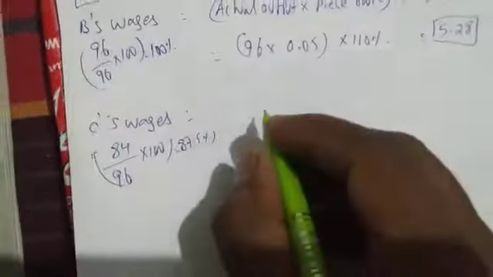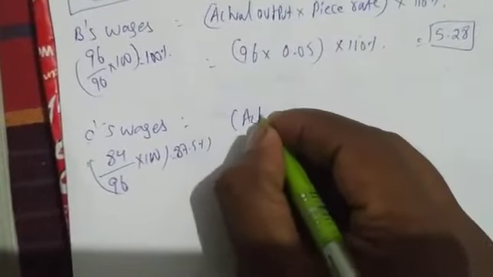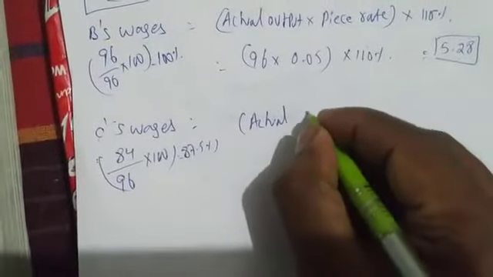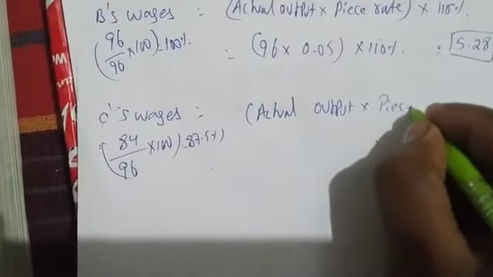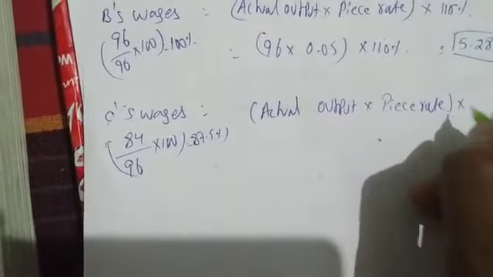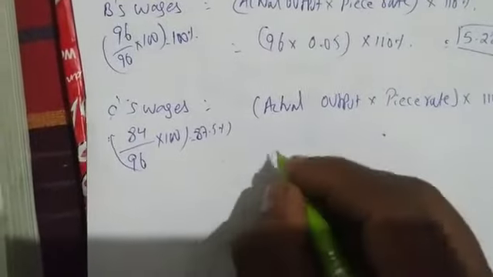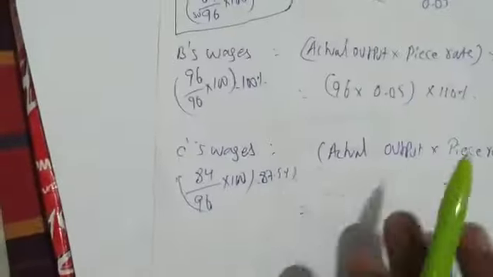So again the same: actual output into piece rate into 110%. Category 2.